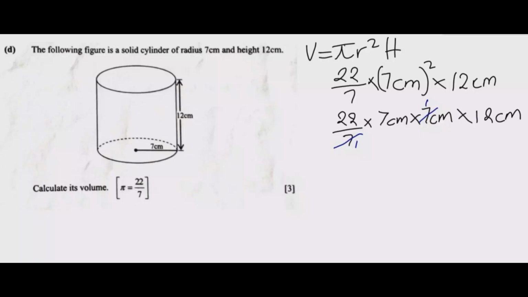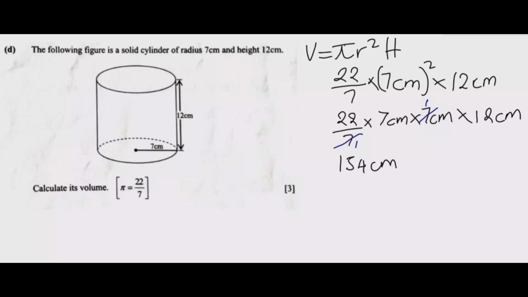Then we ask ourselves, how many times can this 1 go into 22? We can say 22 times, or 22 divided by 1 will give us 22. 22 times 7 centimeter will give us 154 centimeter.